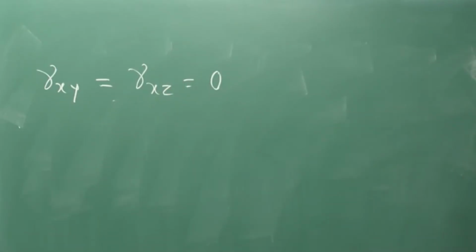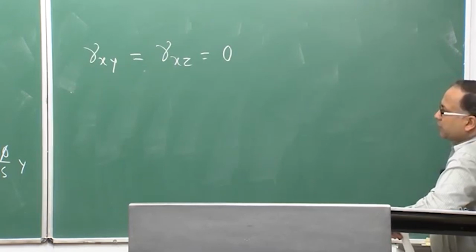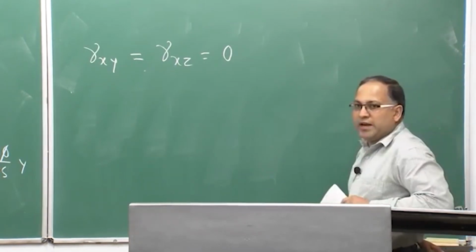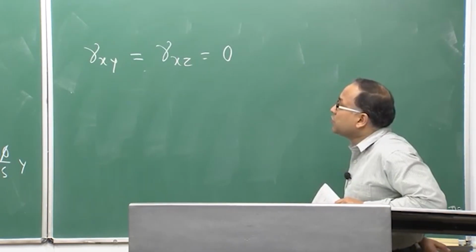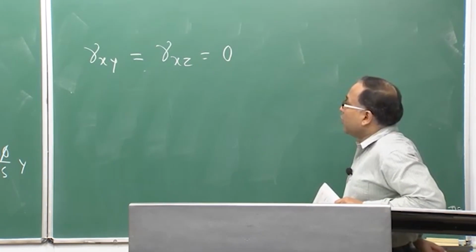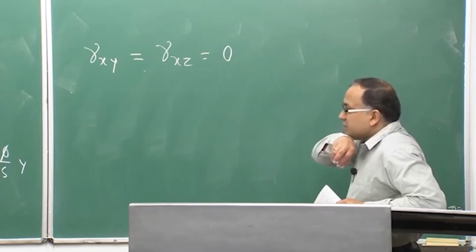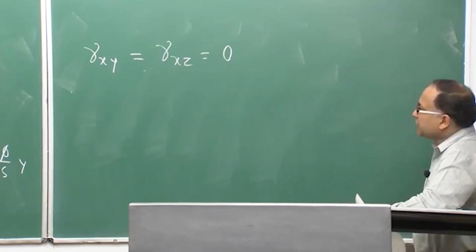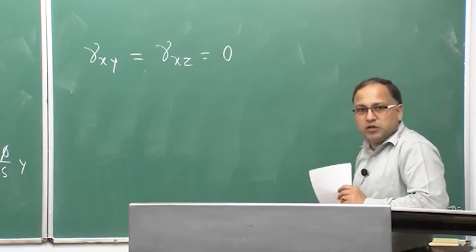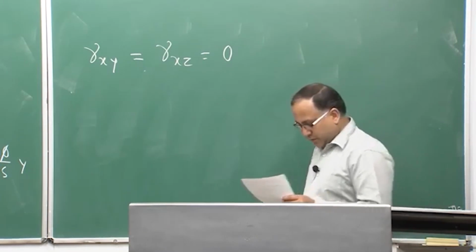So, what have you got? On the x plane, the normal strain is equal to minus y by rho. On the x plane in the y direction the shear strain is 0, and on the x plane in the z direction, that is gamma xz, is also 0 to satisfy the symmetry condition.